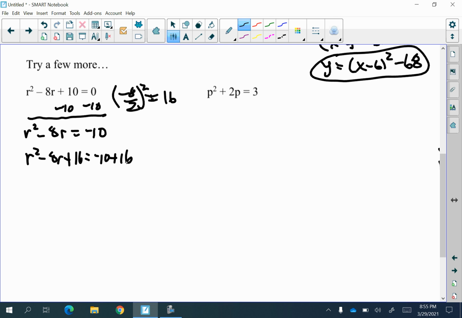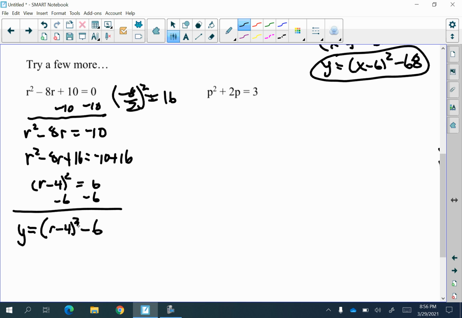Well, the square root of 16 is 4, but 4 times 2 is 8. But also the square root of 16 can be negative 4, because negative 4 times 2 is negative 8. So that is our perfect square binomial. Our x minus 4 squared is going to equal 6. Okay? And then to get this in vertex form, I'm going to subtract 6 back over. So I'm going to end up with y equals x minus 4 squared minus 6. And I have it in vertex form.